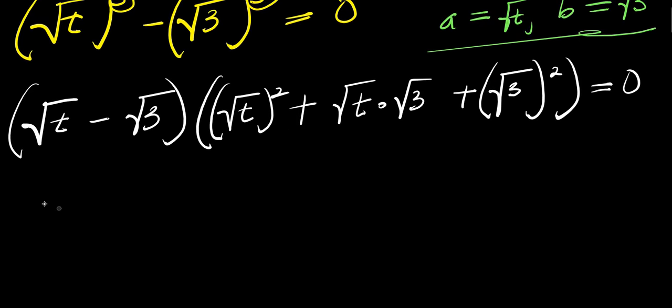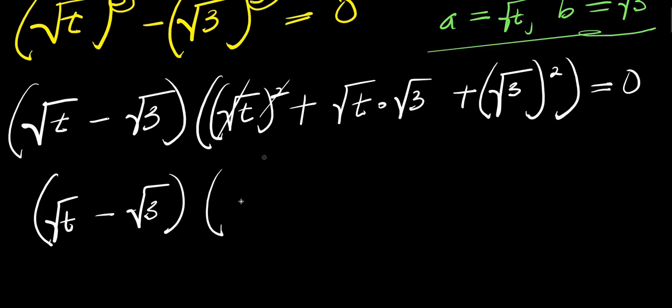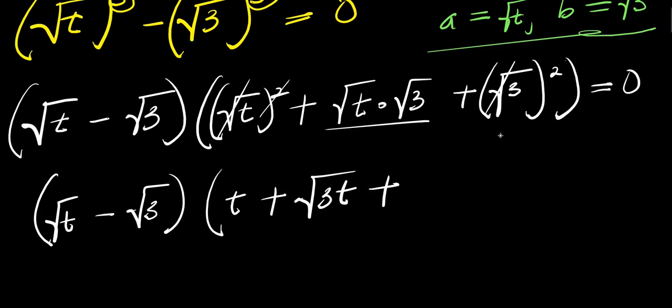So from here, a square root of t minus square root of 3 times this: square root of t squared, I have t, plus this times this, I have square root of 3t, plus this, I have 3, equals 0.